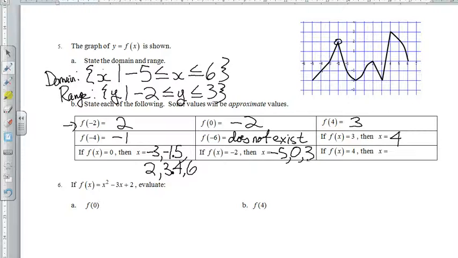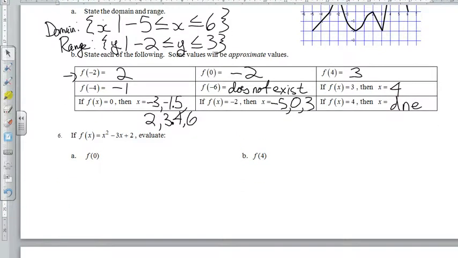If f of x equals 4, if y is 4, then x is? Which we will now abbreviate as DNE, does not exist. Okay, moving along.